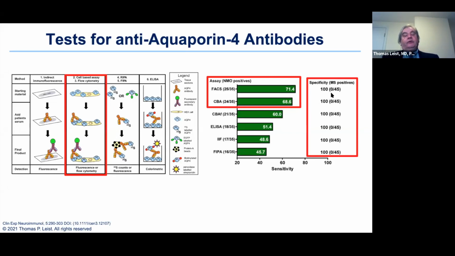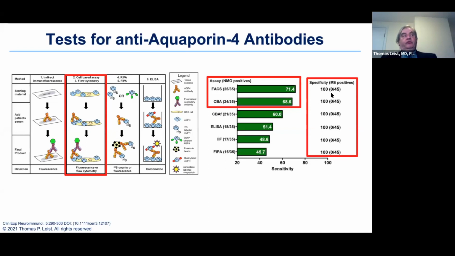So what I would like you to take away here is the fact, yes, we can test it. Yes, the test has evolved over the years. Yes, there are good tests for NMO antibody. But yes, not every person with NMO is going to have the anti-aquaporin 4 antibody.